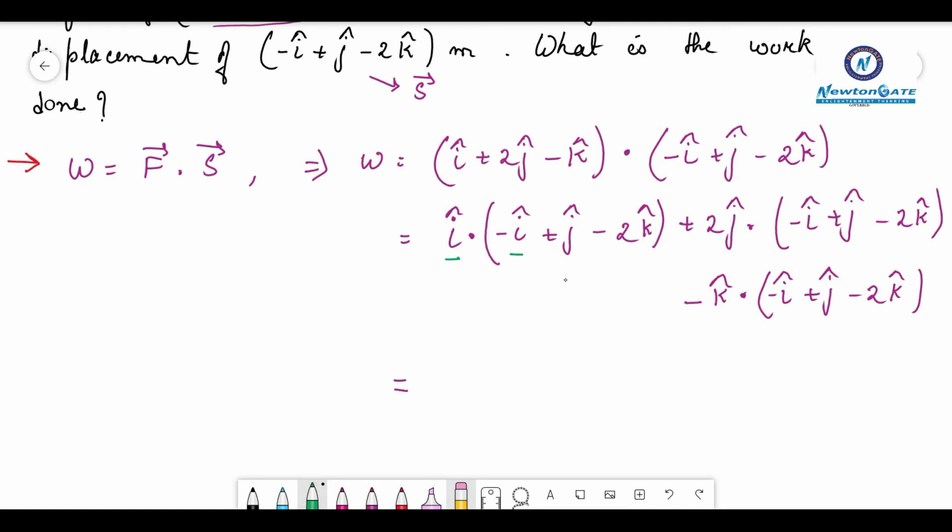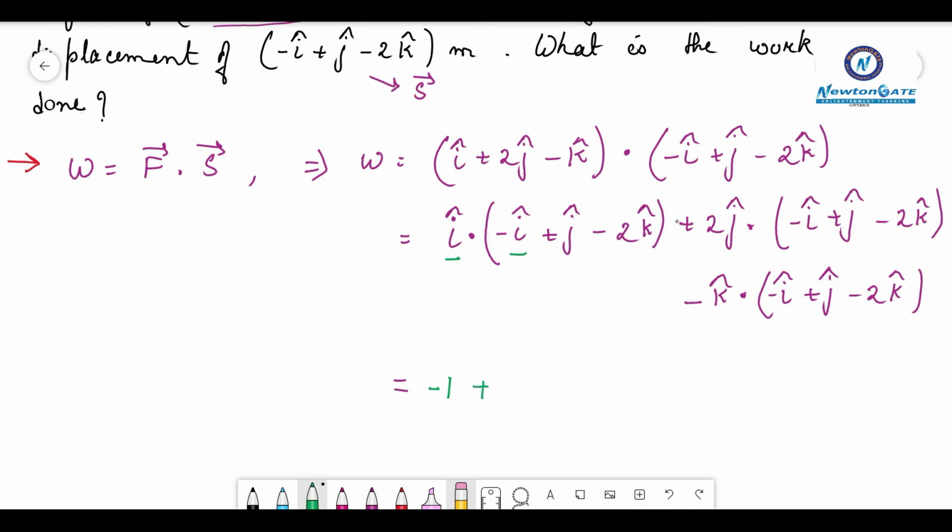So now this will be equal to i dot i. We have seen here that i dot i gives us a value 1, because the angle in between is 0. So i dot i will give me a value 1 and there is a minus in front, so I will write minus 1.